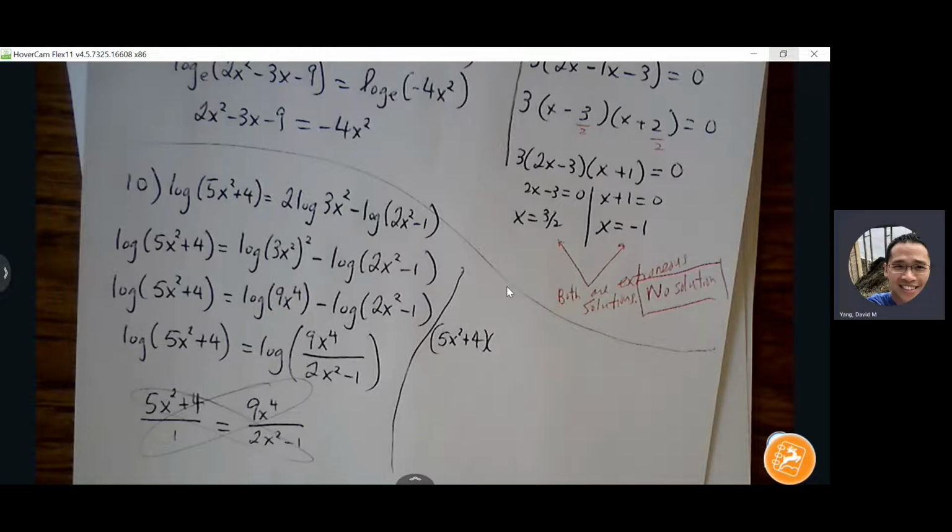Oh, okay. So as long as it doesn't cause any parentheses to go to 0 or negative, we can keep it.